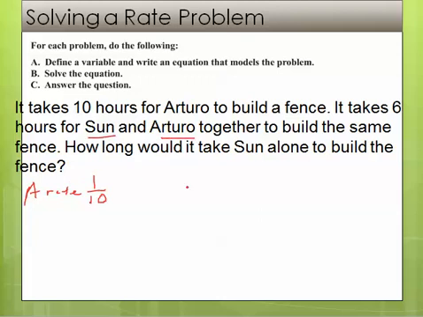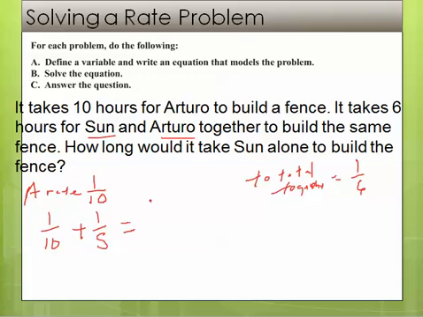That means my total time together will be equal to 1 over 6. How long does it take Sun to build it? Well, this is exactly what that equation was saying. If I take 1 over 10 plus 1 over Sun's time, Sun's rate, and add those together, I'm going to get 1 over 6.